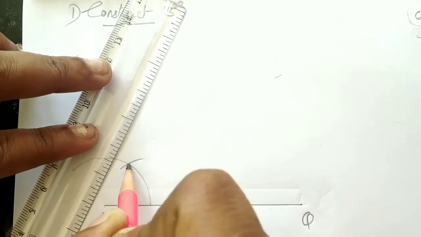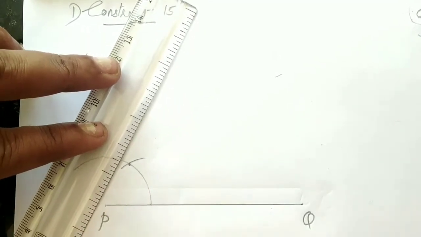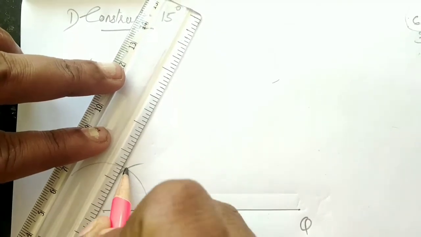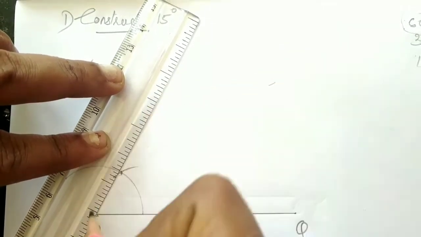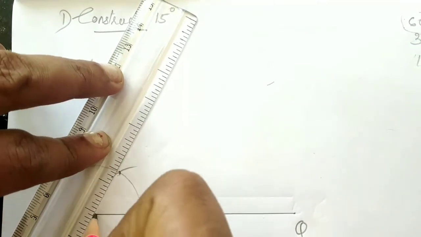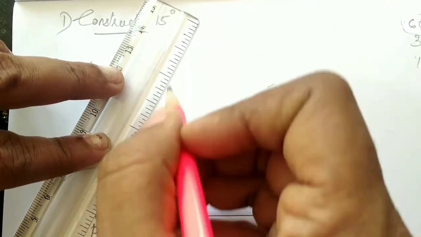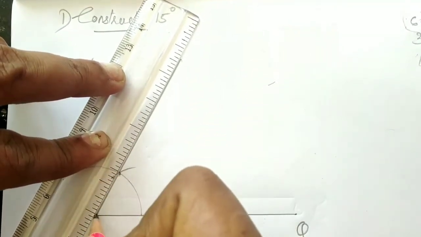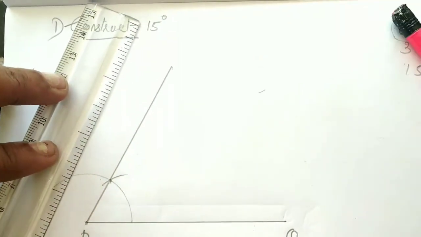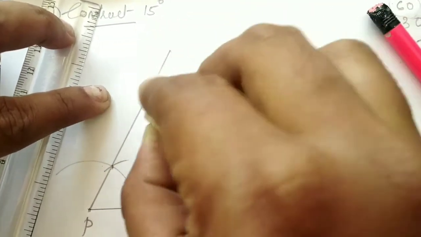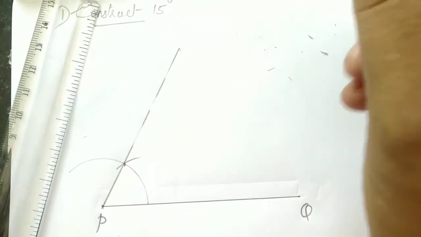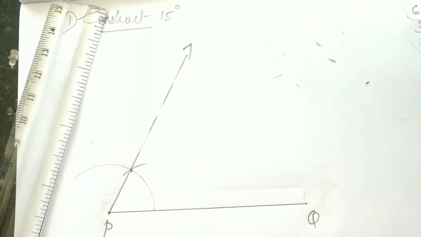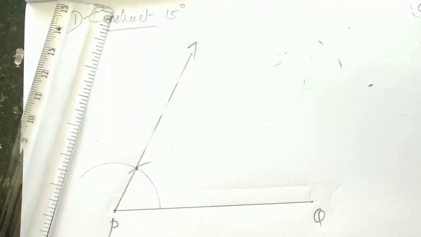Mark the point of intersection. Okay, so close this. Now we get 60 degree.